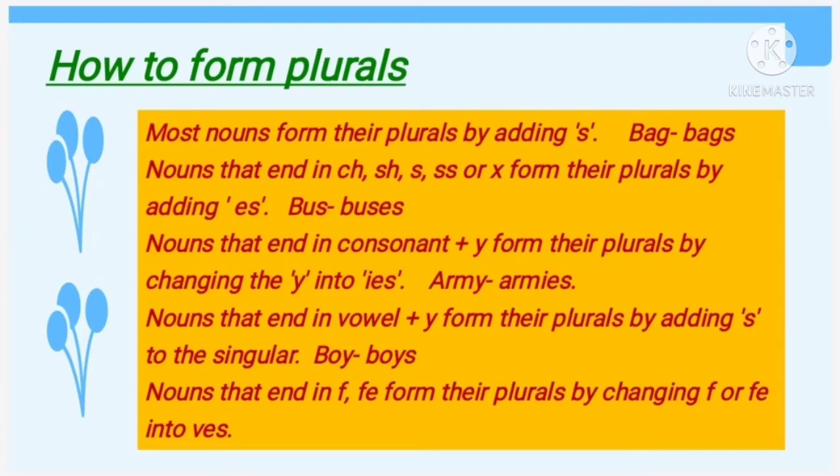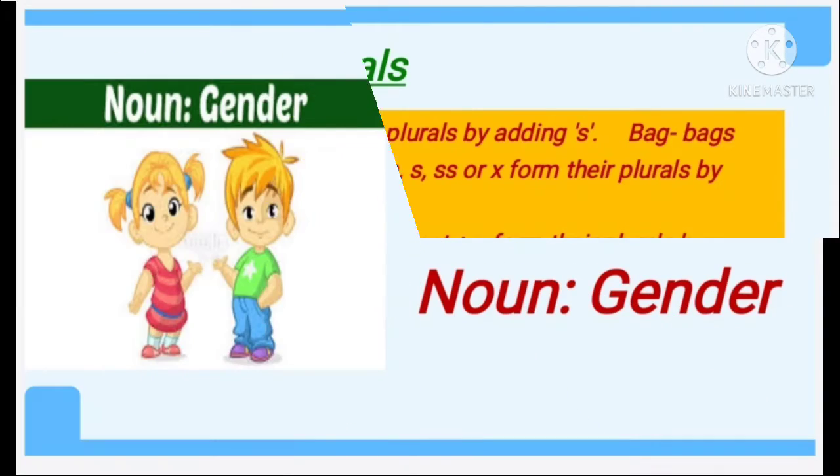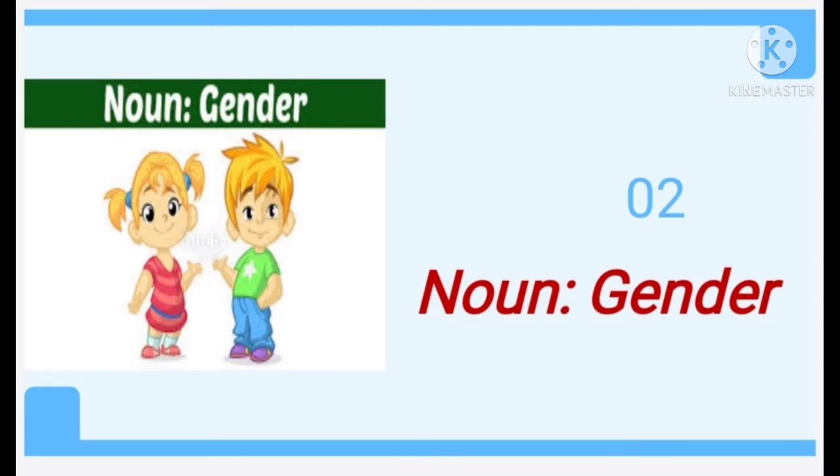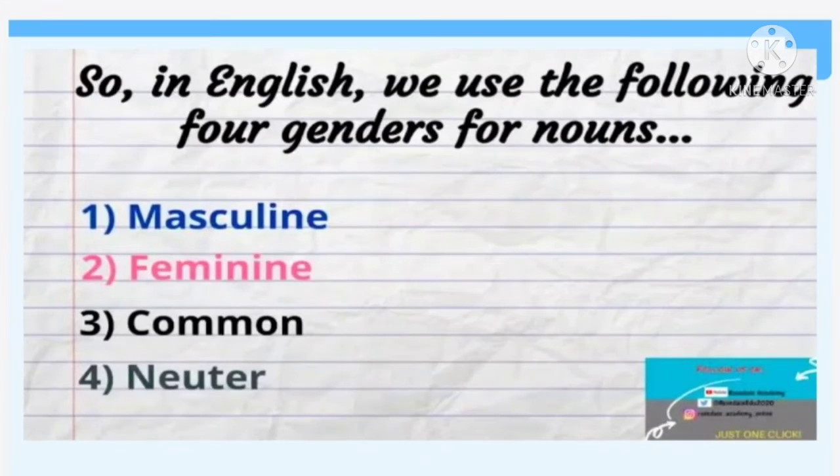Now let us see our second topic. The second topic is noun gender. In this chapter we studied about the kinds of genders. See students, in English we use the following 4 genders for nouns: masculine, feminine, common and neuter.